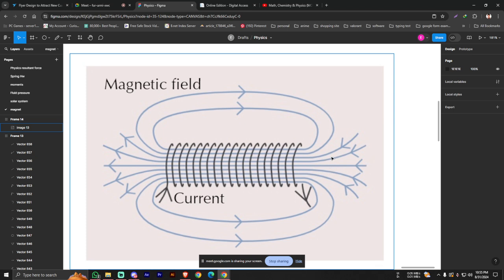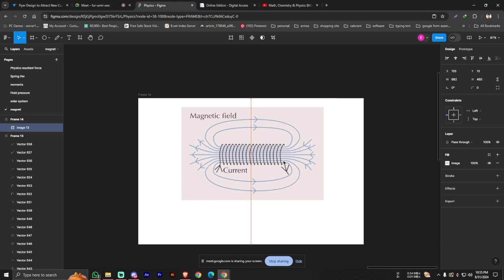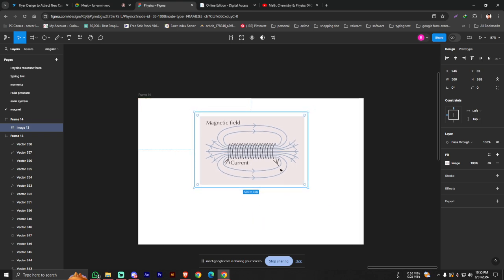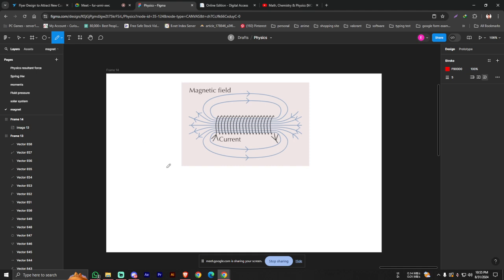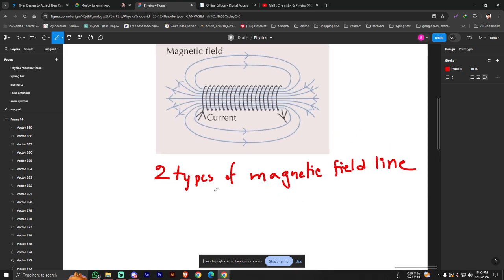So there are two types of magnetic field line here in the figure, or in a solenoid we can say. We are calling these lines magnetic field lines, right?